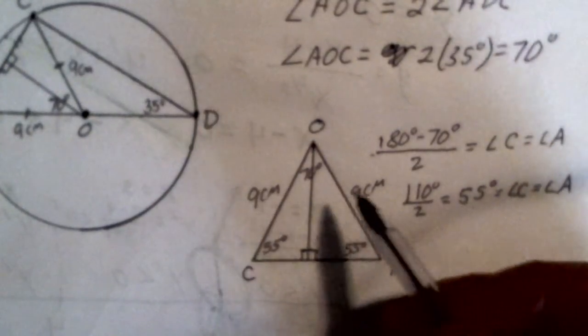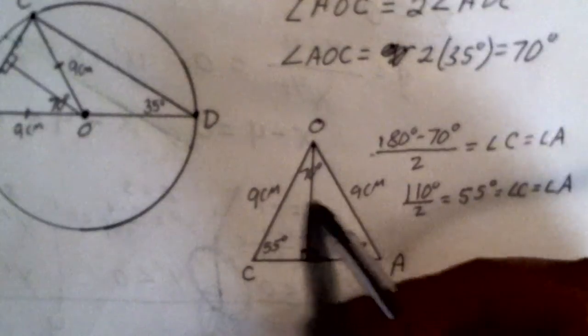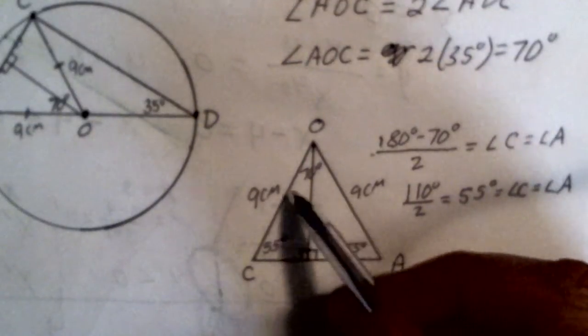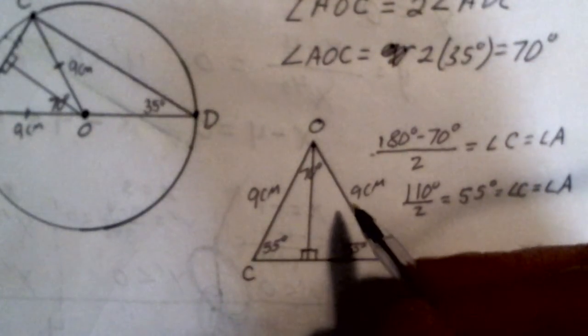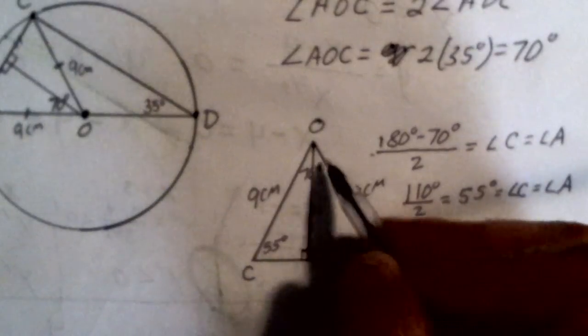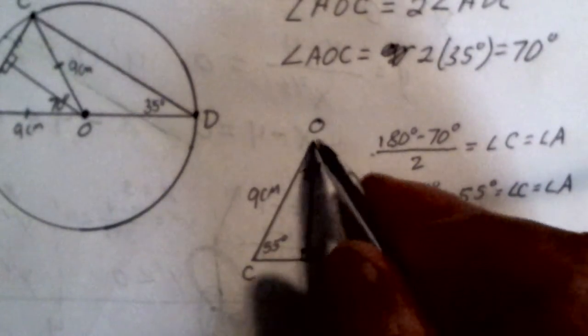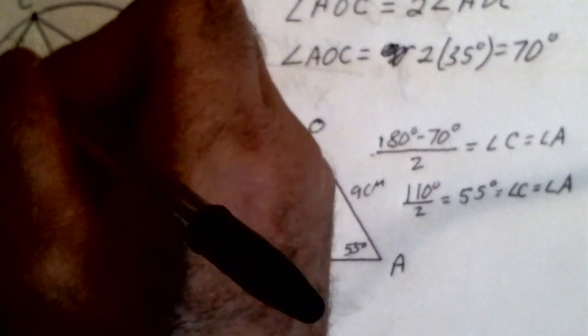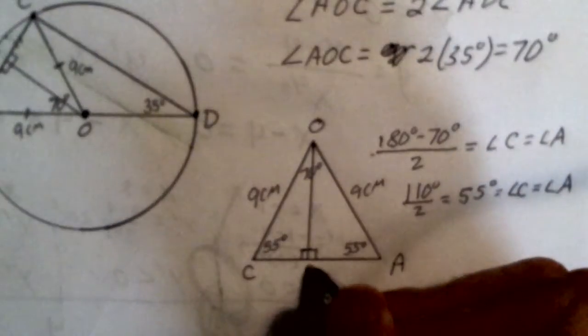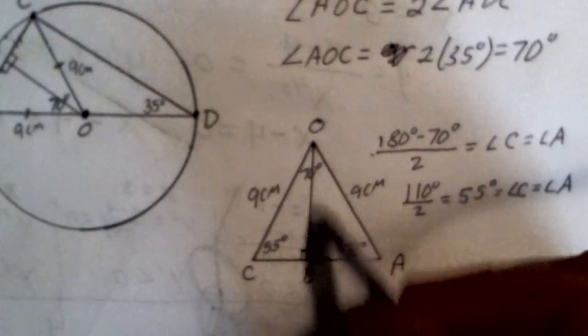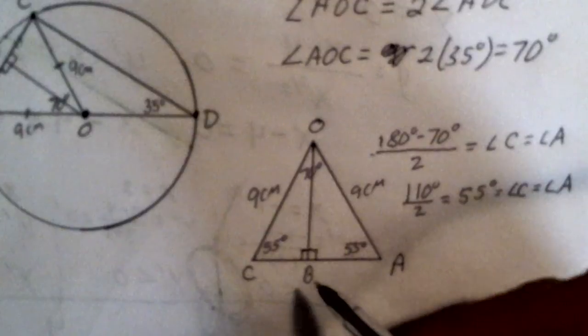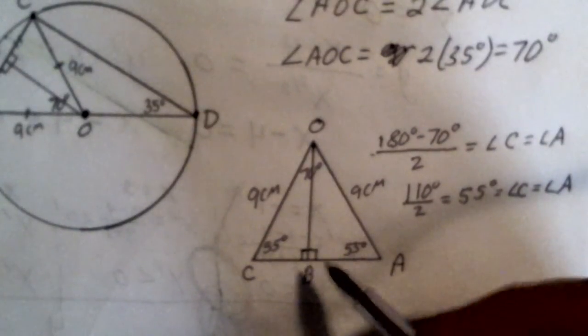So now we have a right triangle here, and therefore I can find the length of this side, which I'm going to call OB. We can find the length of side OB by using a trig function.